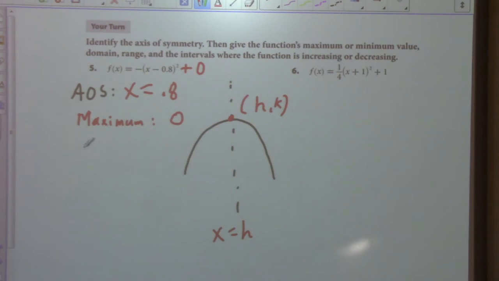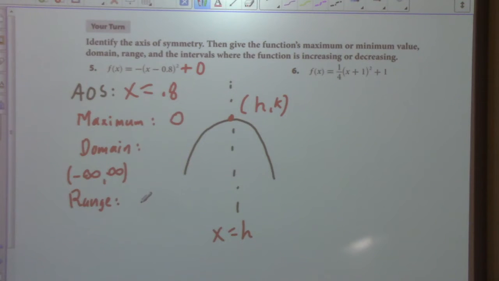Our domain, what is our domain? It doesn't really tell you what type of notation. What is our domain of this thing? All real numbers, right? What is our range of this thing? Not 0.8.